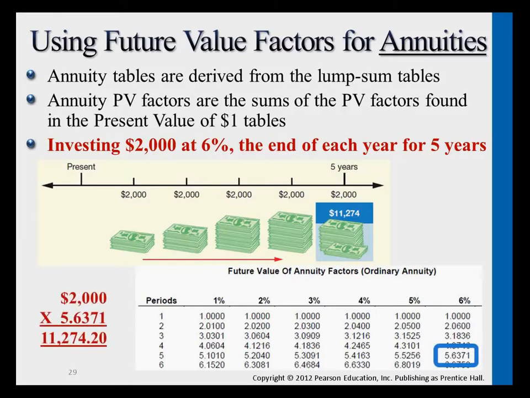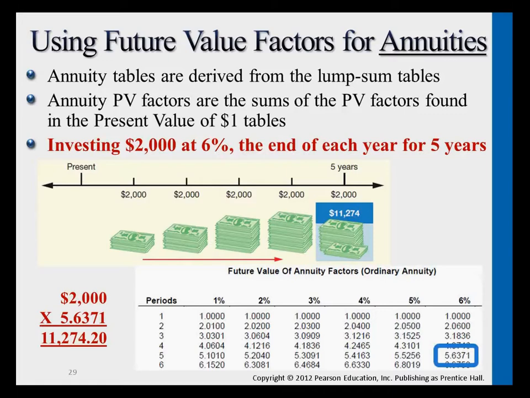So what we're going to do here, we'll take the $2,000 initial investment, and we will multiply by that number that we find in the table. Now pay attention, this is not 10,000. Although during the whole period we do invest $10,000, that's not what we're going to use with the table, right?